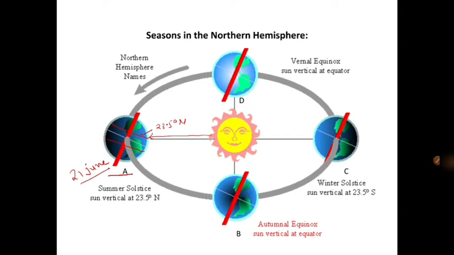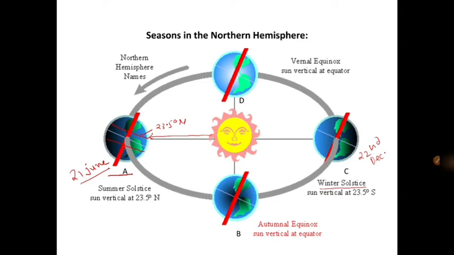Now, the second condition, on 22nd December, which is also known as the winter solstice. The North Pole being always directed towards the pole star, it is the southern hemisphere which receives the direct sun rays.